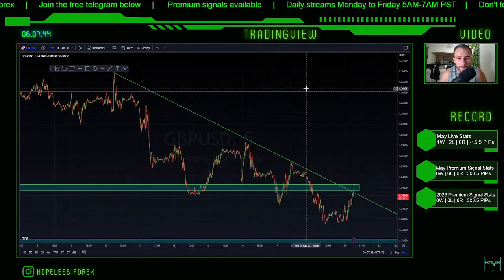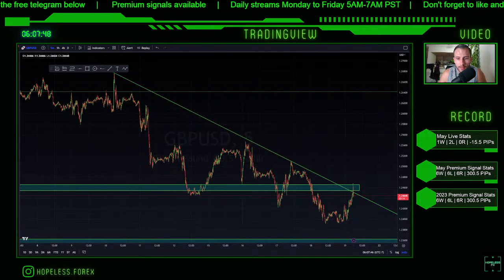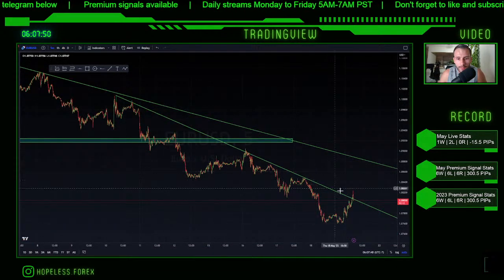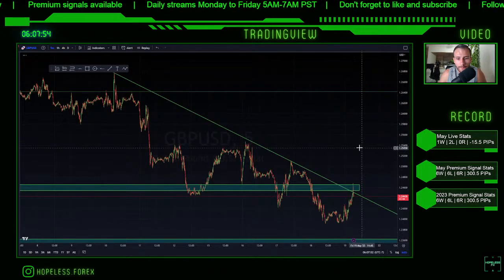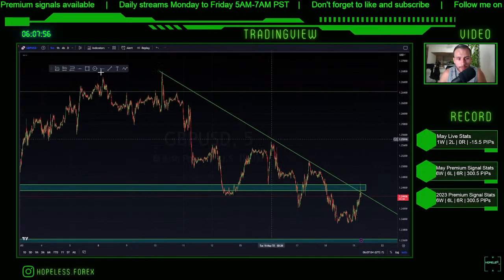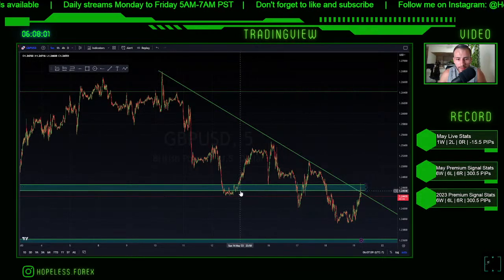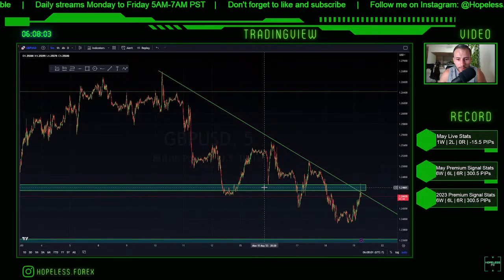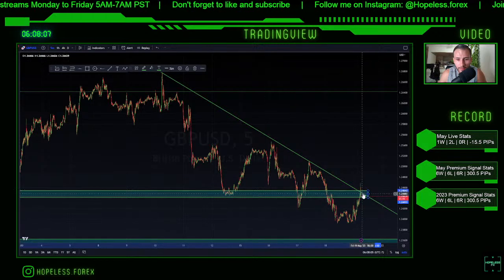GBPUSD. Again, looking pretty similar to EURUSD. If we look at the two of them, we have this descending trend line, a nice spike up and rejection down. GBPUSD, this market structure is not well correlated to anything. Like, it's just kind of floating at these levels that make not a lot of sense. These levels down here make more sense.